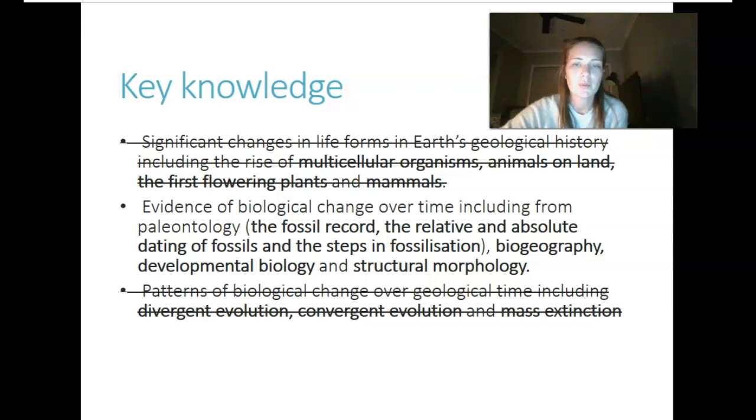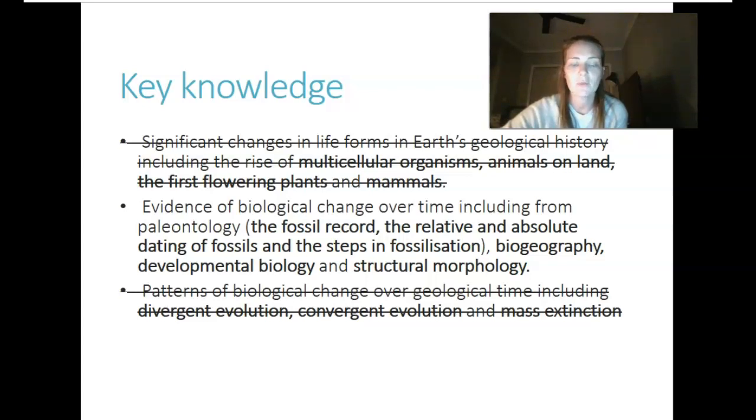So we would normally have a big focus on that timeline of the Earth and how the big events in evolution have taken place and when they happened and how they happened. That has been eliminated, and we're instead reducing it back to the evolution evidence that we have.